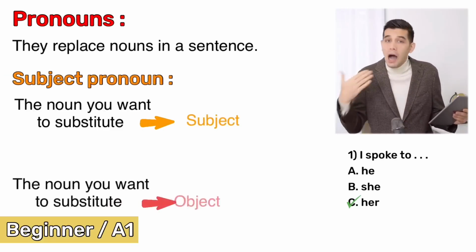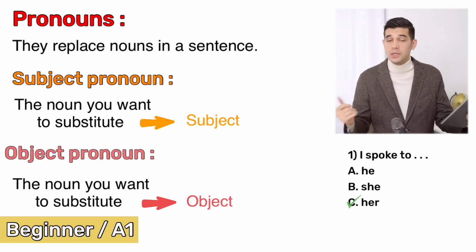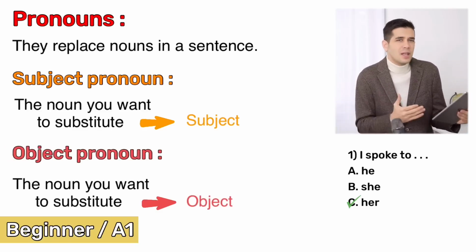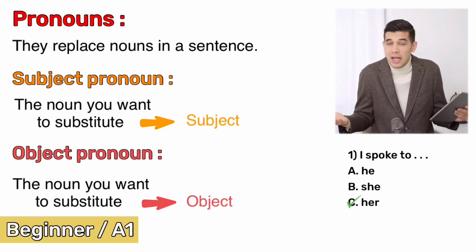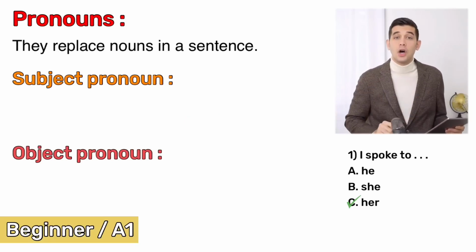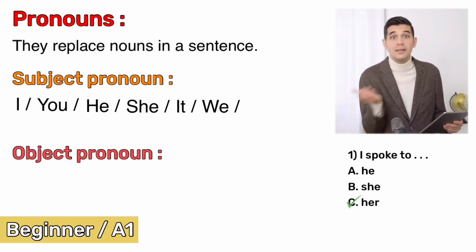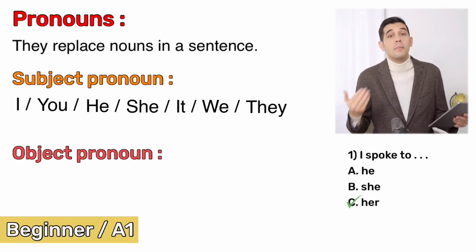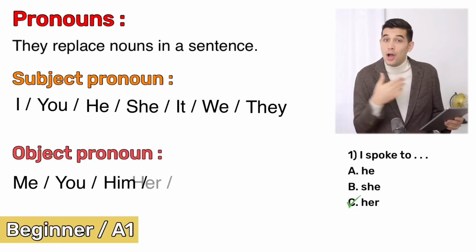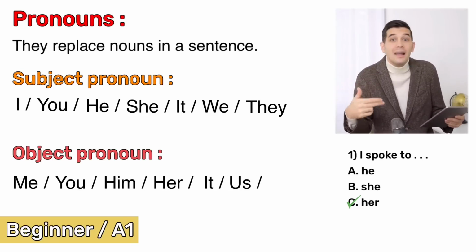If the noun is the object of the sentence, you should use an object pronoun. Now, what is a subject pronoun and what is an object pronoun? Subject pronouns are I, you, he, she, it, we, they. Object pronouns are me, you, him, her, it, us, and them.